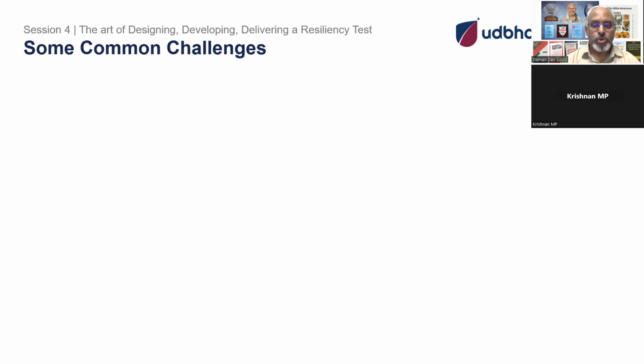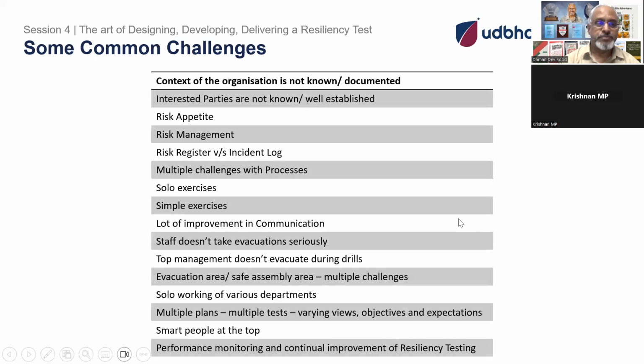I wanted to draw your attention towards some common challenges that I have come across, seen, noticed, and observed while playing different roles, having been across companies, countries, and industry sectors, as an auditor also. So this is a combined view. I'm starting from the top. The context of the organization is not known or is not documented.